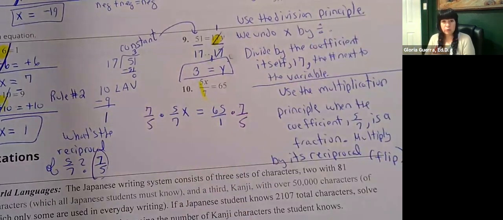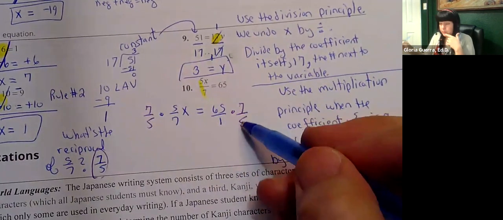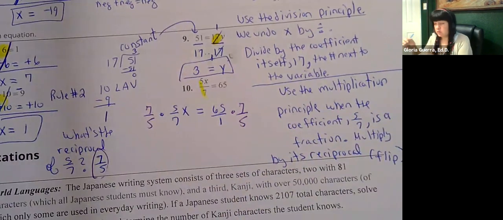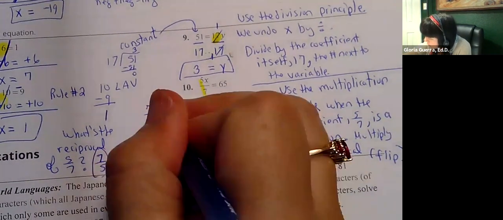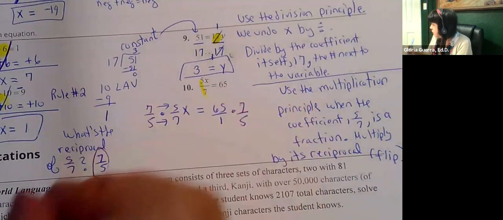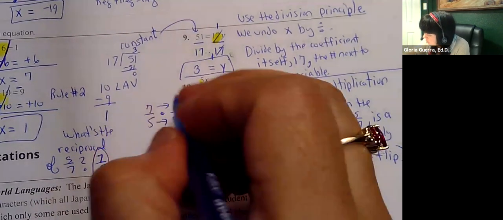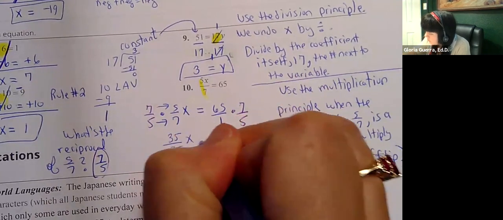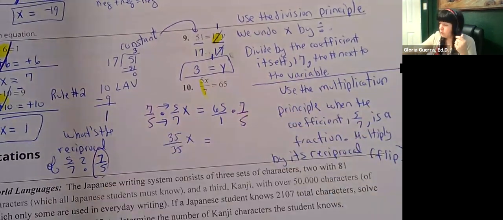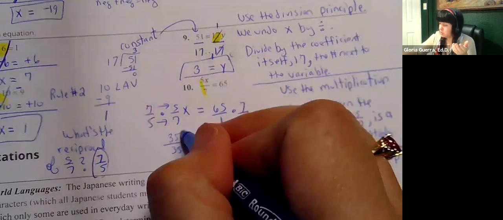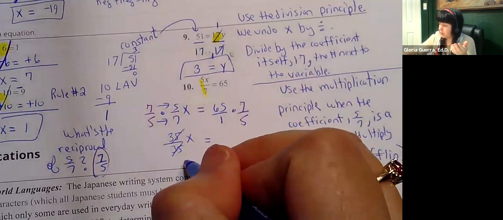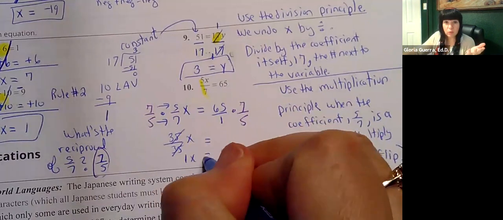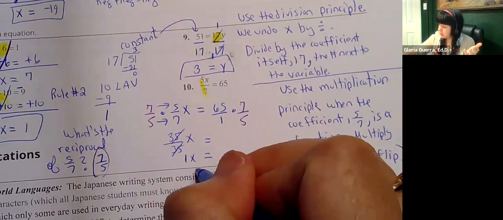I put 65/1 so that it looks like a fraction like this. The way we multiply fractions is straight across. 7 times 5 is 35, so this is 35/35 x, and 35/35 x is just 1x, and 1x is just x.